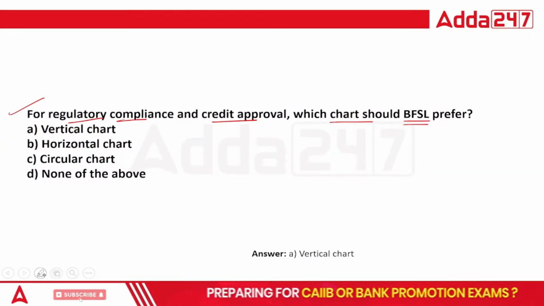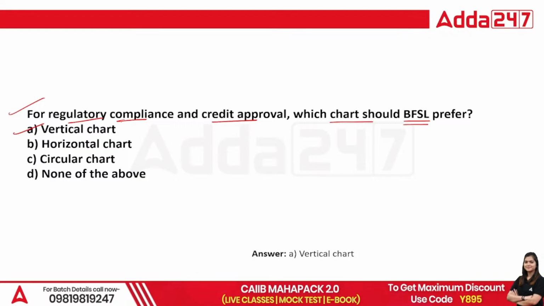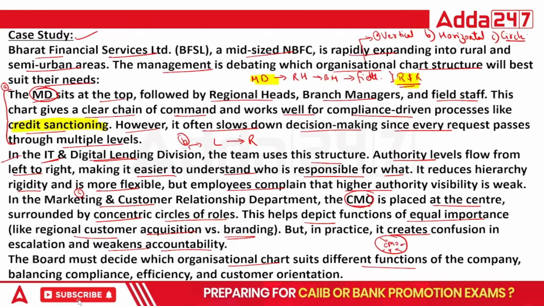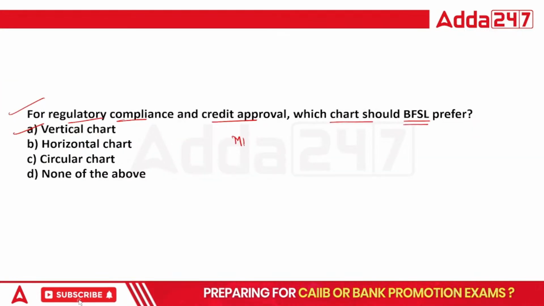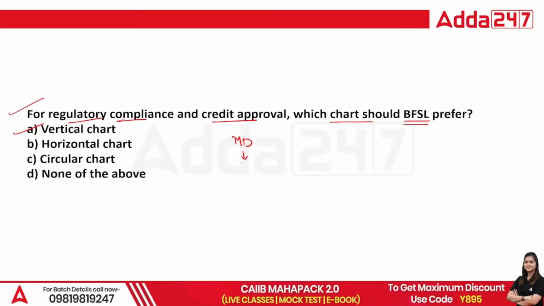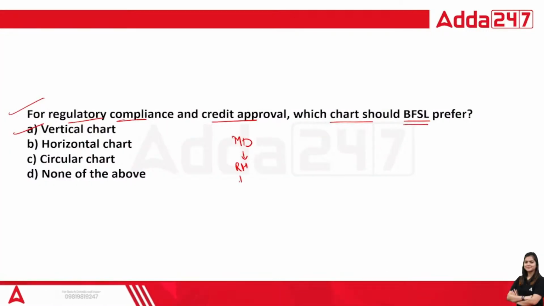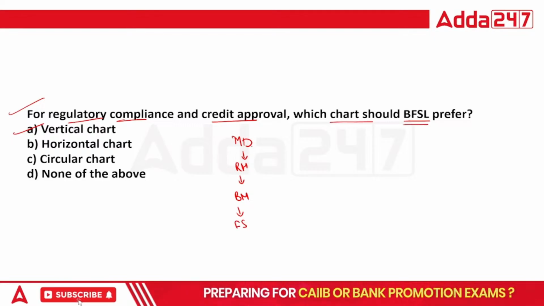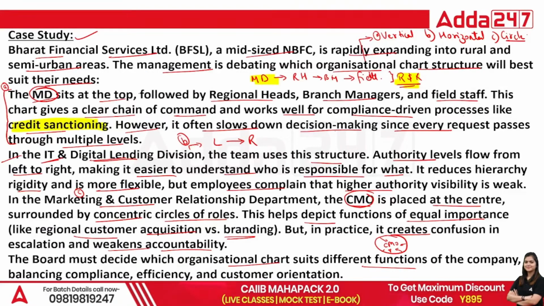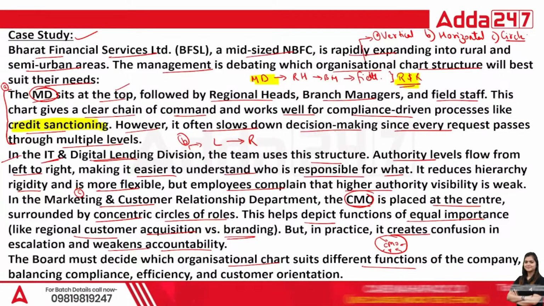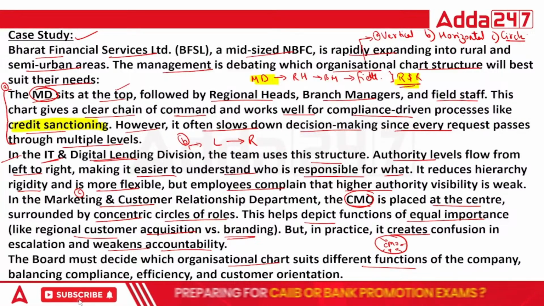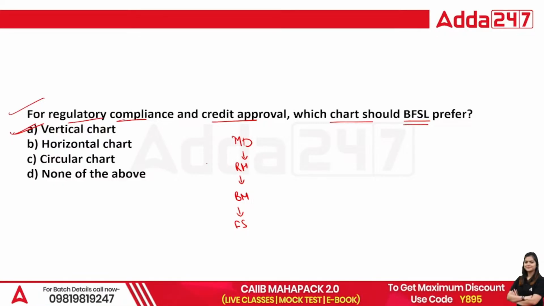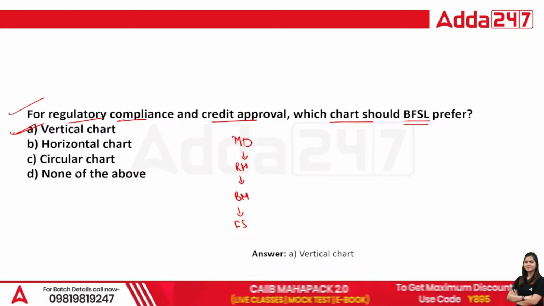In this compliance and credit approval flow, first the MD, then regional heads, then branch manager, and finally field staff. So what is the correct answer here? Vertical chart. This is vertical flow. That's why the correct answer is option A.